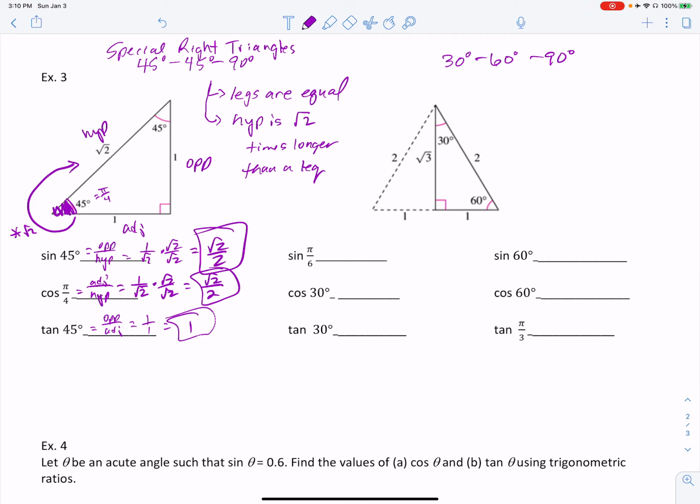30, 60, 90 has a little more to it because you have 3 sides and none of them are the same. Unlike 45, 45, 90, where both the legs are the same, that produces some things a little more unique.